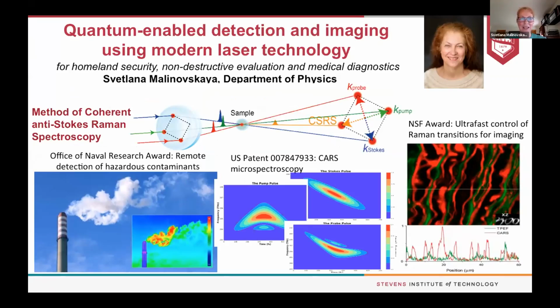Thank you very much. And today we'll be talking about the topic of quantum enhanced detection and imaging using modern laser technology. Laser technology continues to advance and becomes more and more precise, and there must be corresponding progress in the techniques for imaging, detection, and evaluation in general.